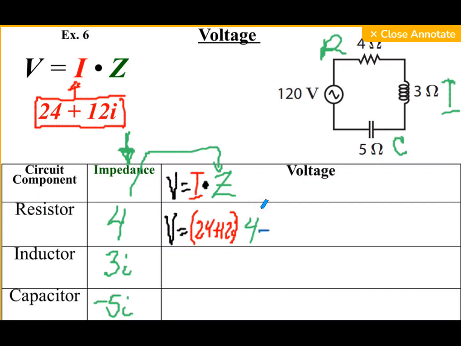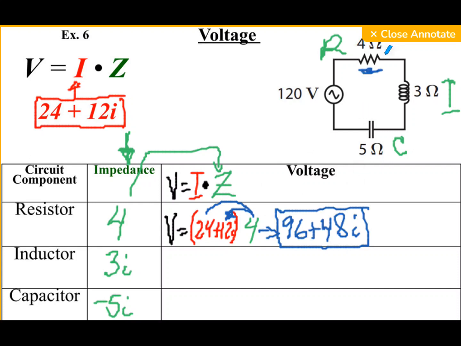Distribute the 4 into both terms in the parentheses. 4 times 24, that is 96. And 4 times 12I, that is 48I. And it's a positive, and that's the voltage that goes through the resistor. Copy that.